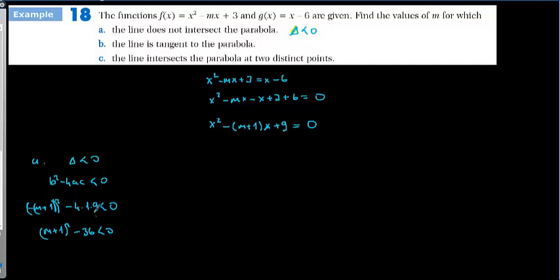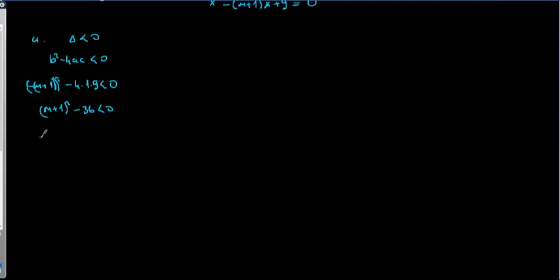And this is going to be equal to, here I'm going to go downward a bit, (m plus 1) squared, which is m squared plus 2m plus 1, minus 36. I expand the form, then the answer is m squared plus 2m minus 35 is less than 0.